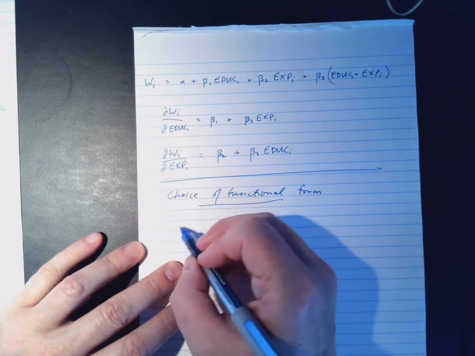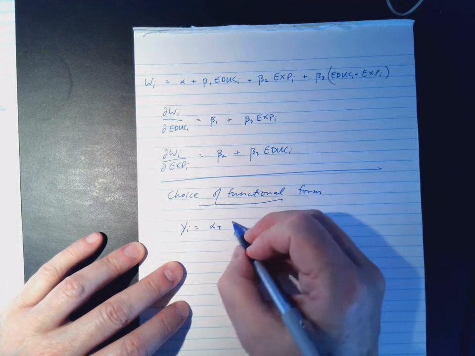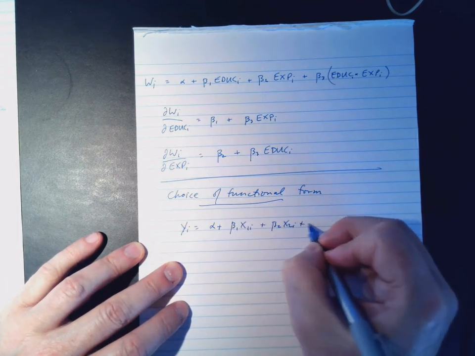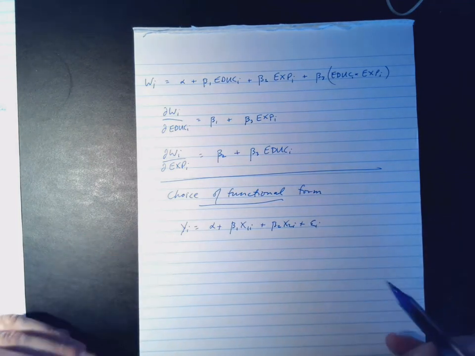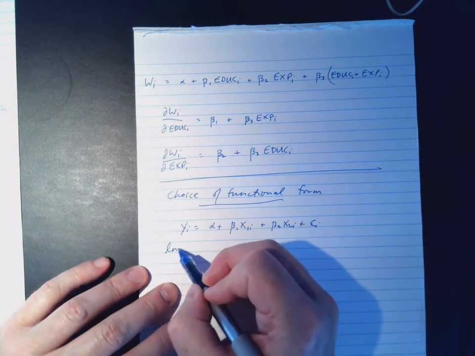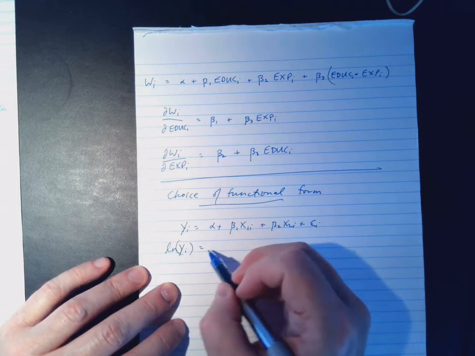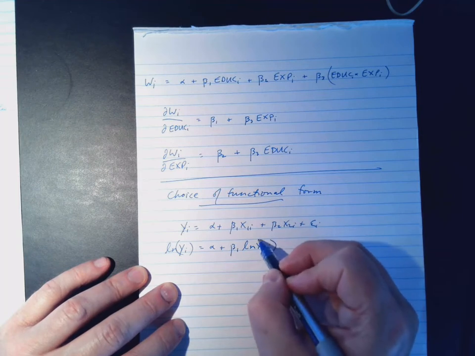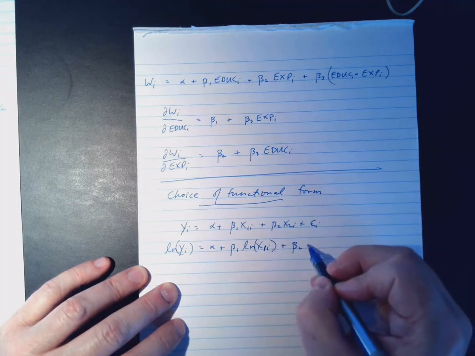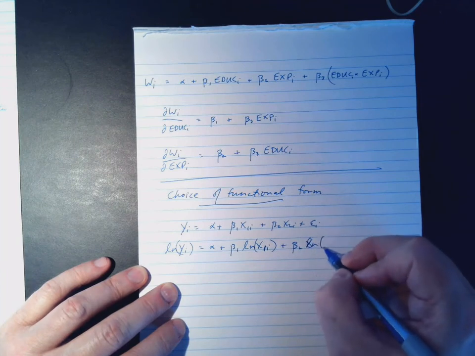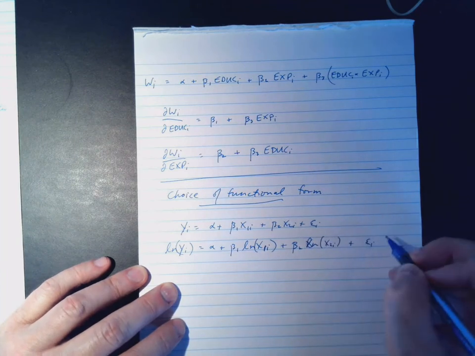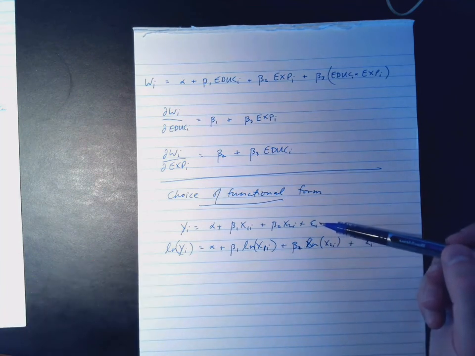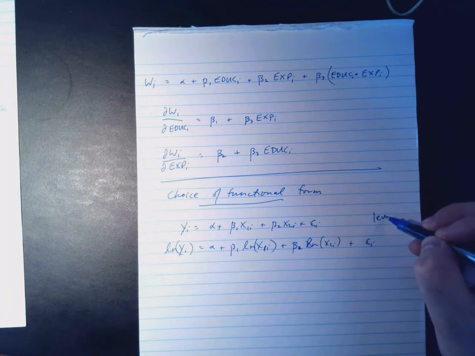So the original form of the data, we call that levels, as opposed to logs. So this is the regression in levels, and this is the regression in logs.